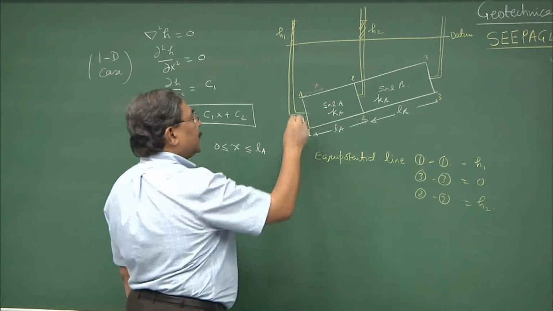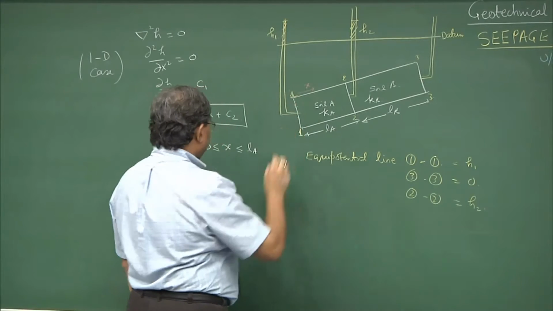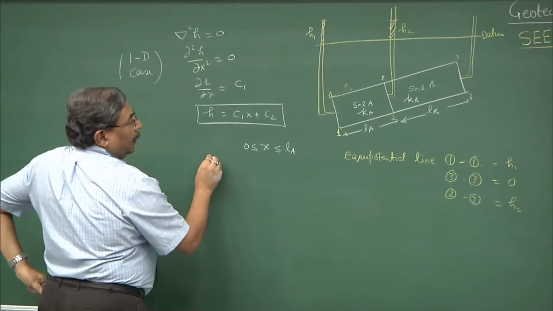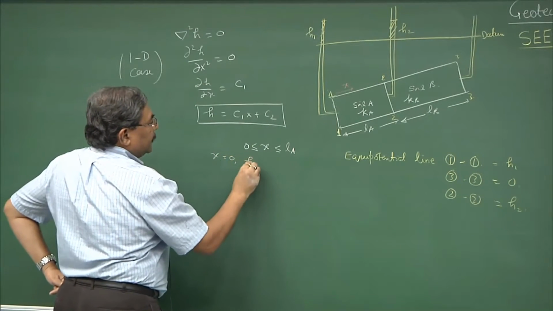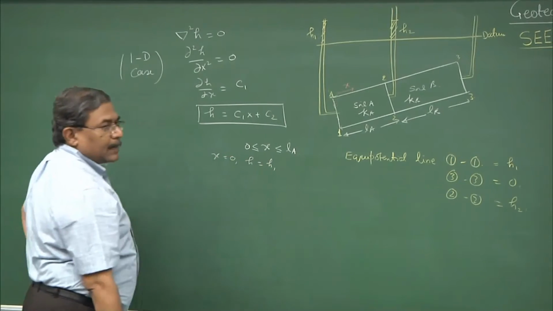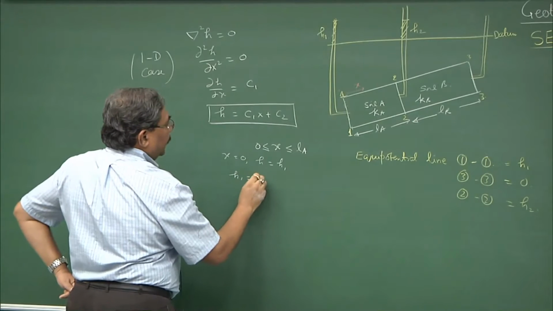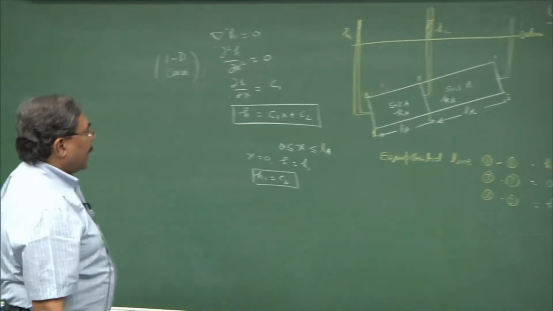If I consider x to be, this should be my reference point. So, what is going to happen? Now, at this point at x equal to 0, h is equal to h 1, all right. So, h 1 equal to C 2. Is this correct?